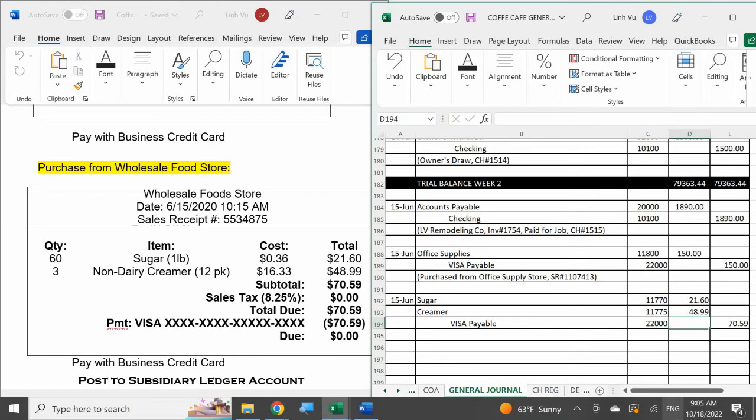70.59. Why is there no sales tax? How come I didn't get charged sales tax? It's probably because it's wholesale.